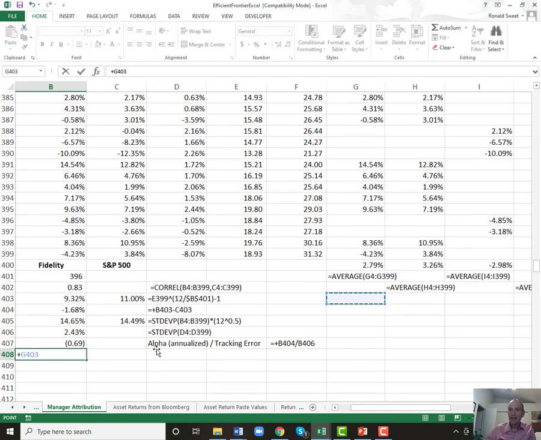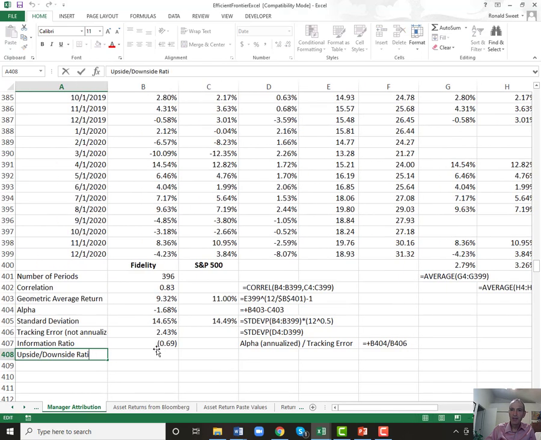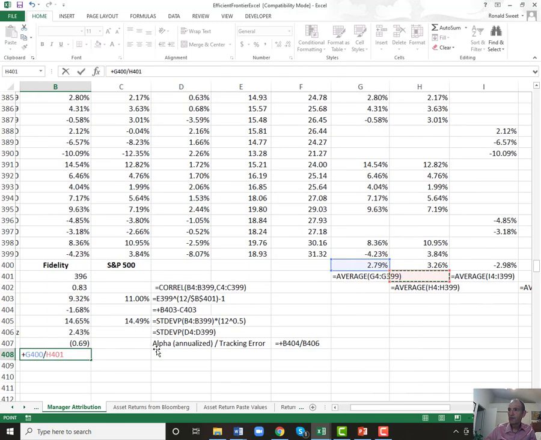So it's actually not the upside down, I'm sorry, it's the upside capture. So ignore what I just said. The upside capture and the downside capture. We don't actually do a ratio. I guess you could. The upside capture, we just take our manager's average return in up markets versus the S&P 500's average return in up markets.